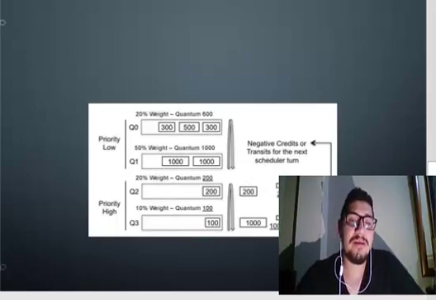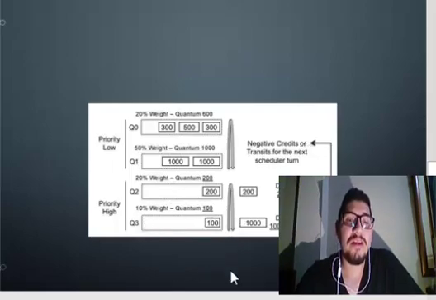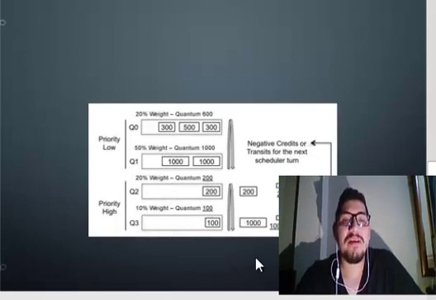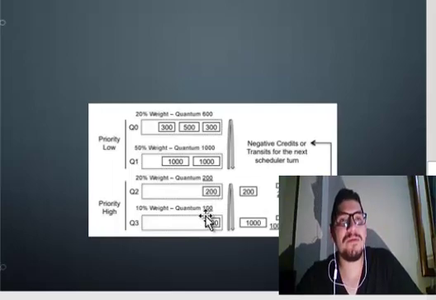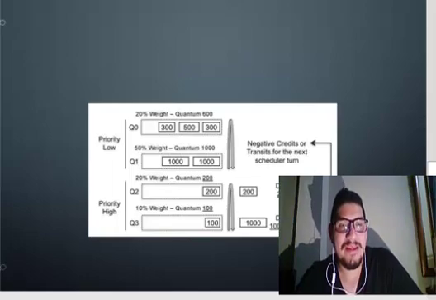But in the case of Q3, we have a packet of 100 and the quantum is 100 now, but the credit is 900 negative.